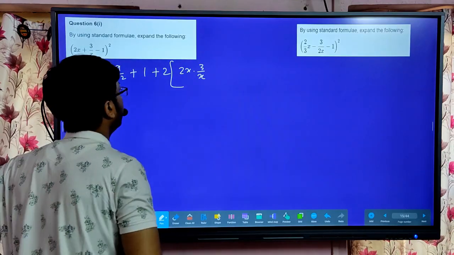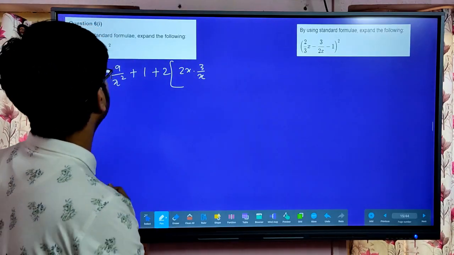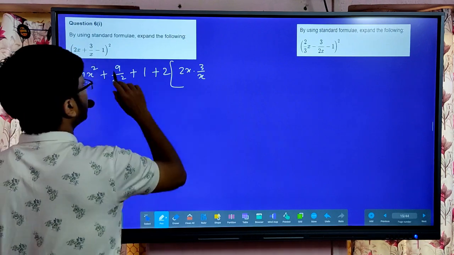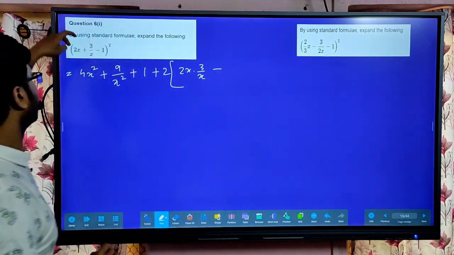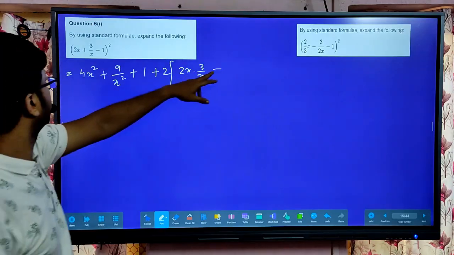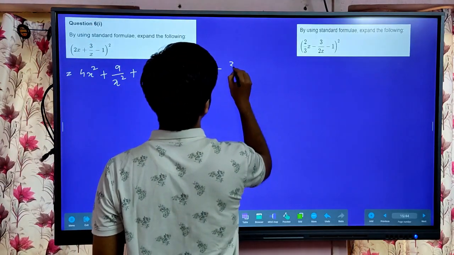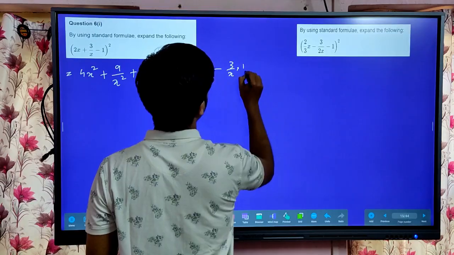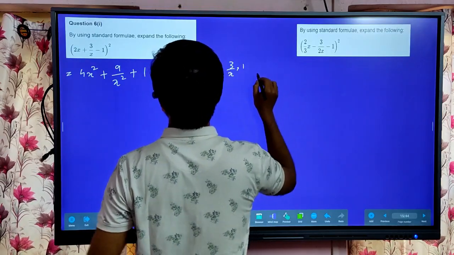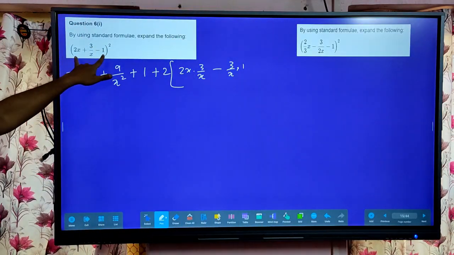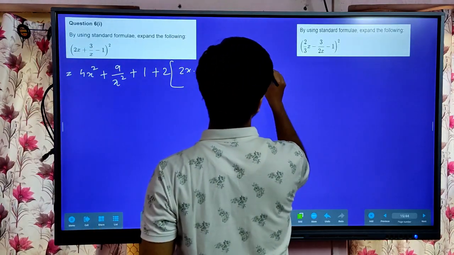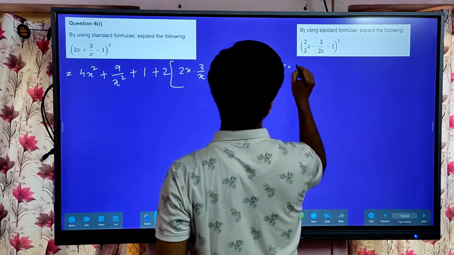Then BC, so plus minus is minus. Here it is plus plus. Now it is minus plus minus, 3 by x into 1. Then AC is 2x into minus 1, so it is minus 2x into 1.